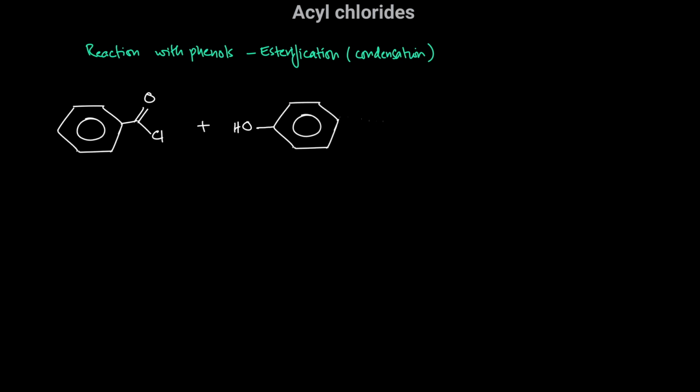So what we end up getting here again is the acyl chloride loses its chlorine and the phenol loses its hydrogen, right? So this carbon here ends up bonding to this oxygen, and we also get HCl as a product here. So the product here is this: we have a C double bond O, and then this is bonded to an oxygen, which is bonded to another benzene ring.